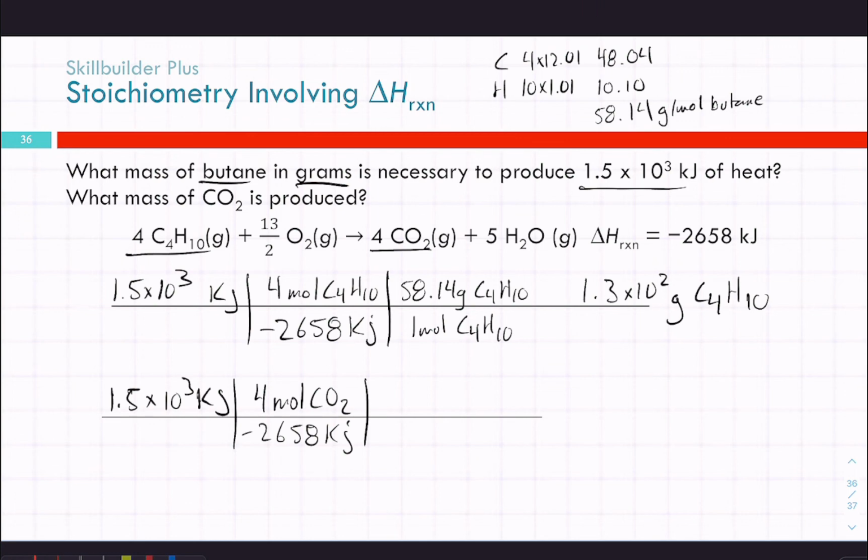And then the molar mass of carbon dioxide, 12.01, and we have 2 oxygens, which will be 32.00. That's 44.01 grams per mole CO2. So we'll just multiply by those grams.